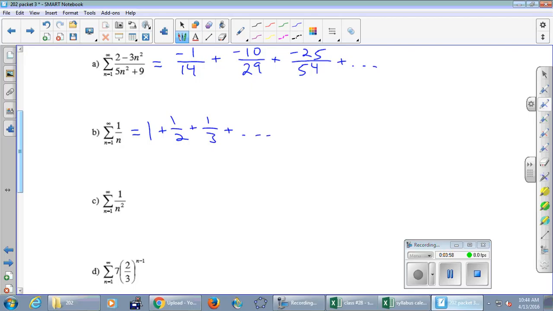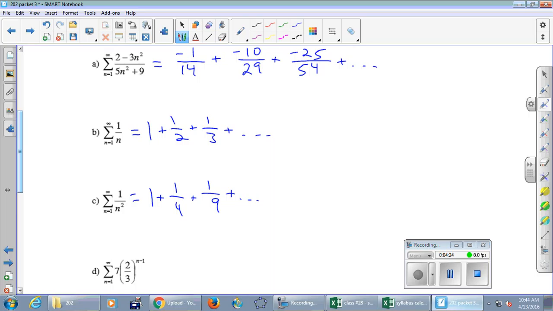The next series, 1 over n squared: 1 plus a quarter, that's the 2 squared, and then a 9th, plus forever.